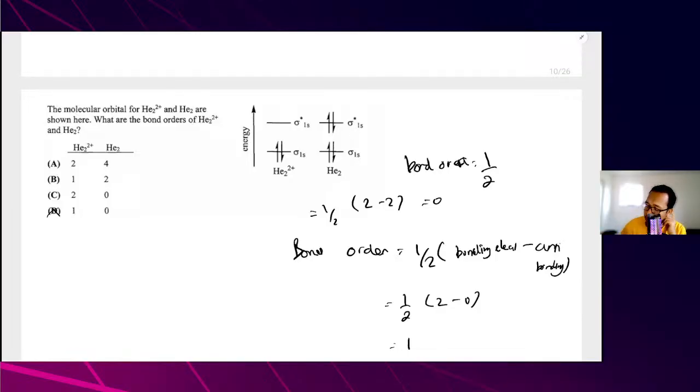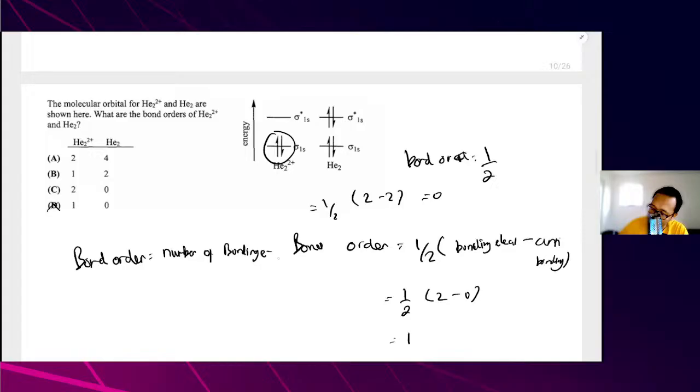That's true. Just remember, the definition of bond order is the number of bonding electrons minus the number of anti-bonding electrons, all divided by 2.